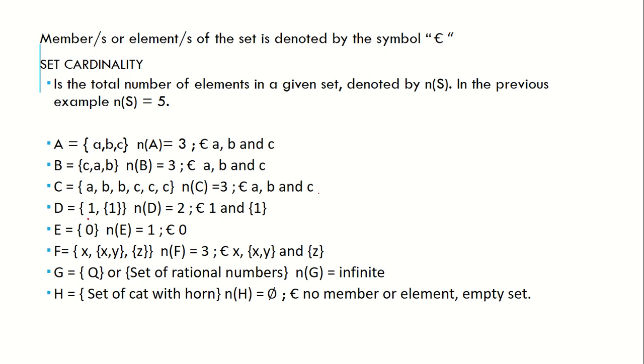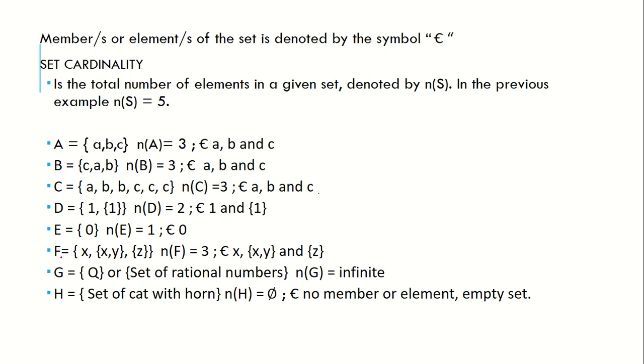Set D is equal to the set of one element and the set {1} as an element. So the cardinal number of set D is 2, and the elements of set D are 1 and the set {1}. Remember this term, set {1}. Set E is equal to the set of 0, so the cardinal number of set E is 1 and the element of set E is 0.